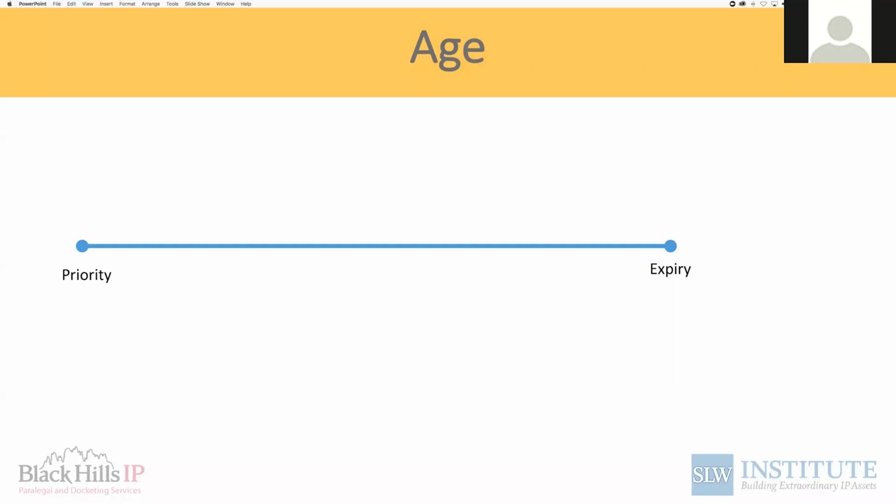Age is useful because it lets us know how much enforceable life remains. For an internal analysis with respect to annuities, that time frame defines the period in which value can be derived. Let's say, for example, you've got a patent that has 2 years remaining on its life, and you've got competitors that are working to develop a competing product, but they're about 2 years behind.